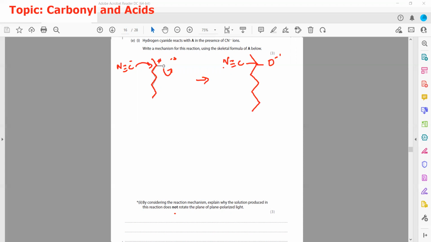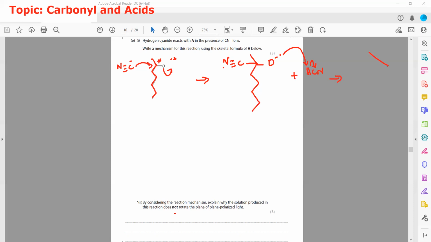Then there will be another HCN. So this negative oxygen will attack the hydrogen and the H-CN bond will break. As a result, what will it produce?